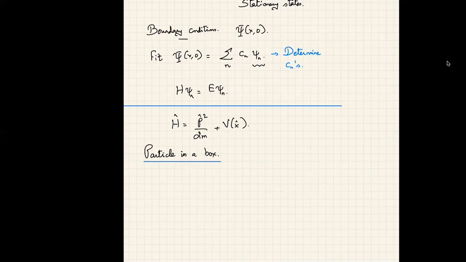So I'll tell you what the problem is. Now, assume that the particle can go only from some specific point to some other specific point. Imagine that there is an infinite potential barrier at this point and at this point.